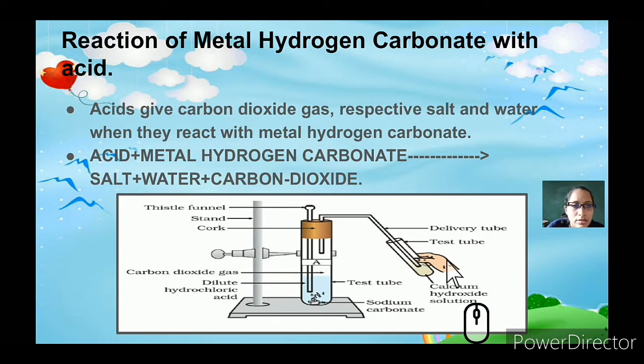In this figure, sodium carbonate is taken and dilute hydrochloric acid is added. There is a reaction, carbon dioxide gas is released, and this carbon dioxide is passed to calcium hydroxide solution, which also turns milky. So the test for the presence of carbon dioxide is the lime water test, and the presence of hydrogen is tested by bringing a candle to hear a pop sound.